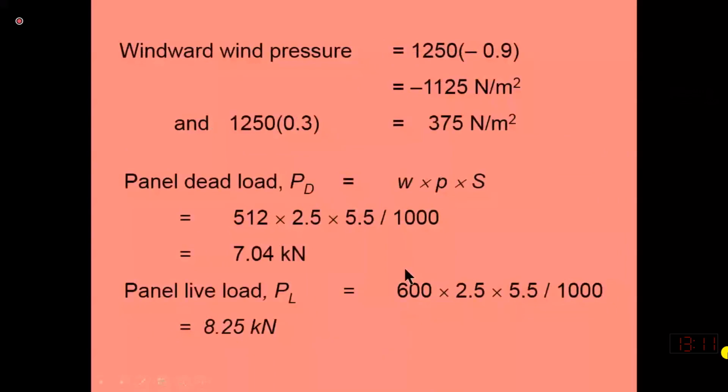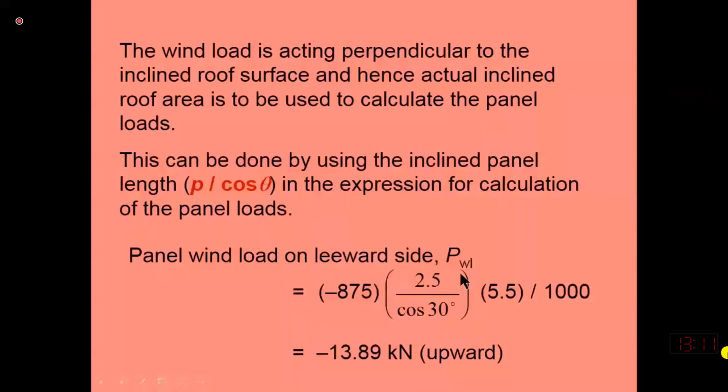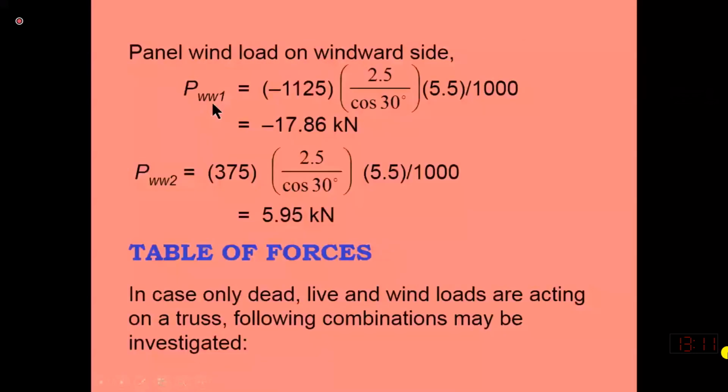In the same way, we computed the leeward wind load, which is uplift. And then we computed two wind loads, because if the inclination is between 20 to 30, then in that case we might have two types of wind load: one on the leeward side and two on the windward side. So depending upon the angles we have computed.